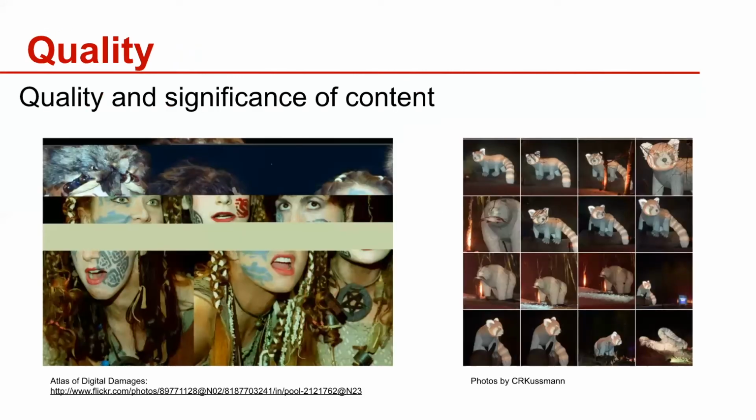When thinking about quality and significance of contents, not all digital content is going to be preservation quality. You probably don't want to keep corrupted images, blurry pictures, too many pictures of the same thing. In this case, my kid really loves red pandas, but do I really need to keep all of these? What about data sets with no documentation?